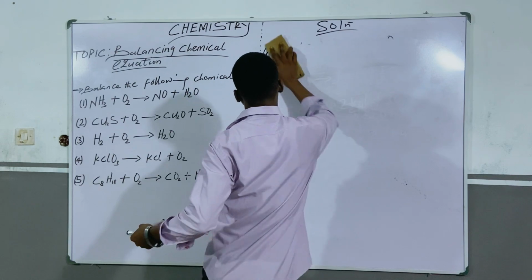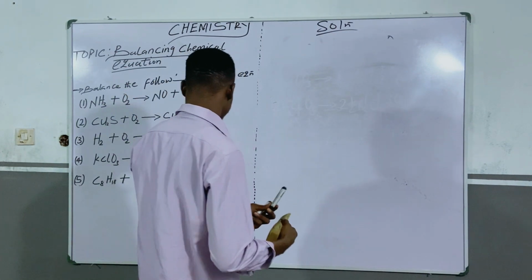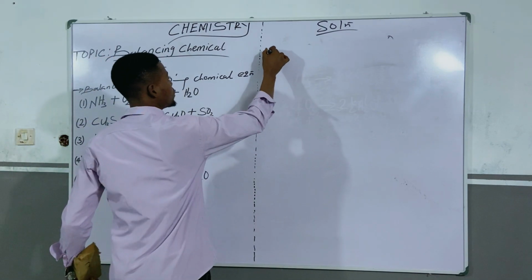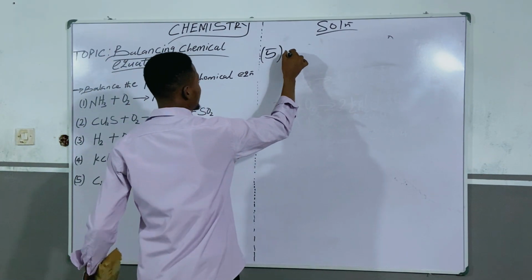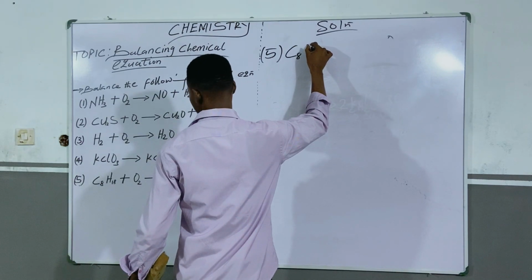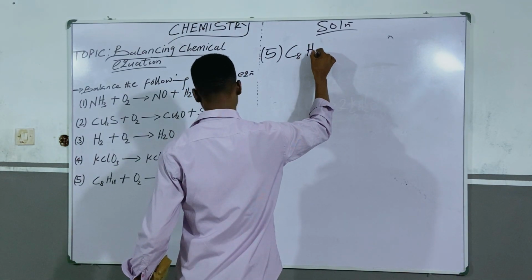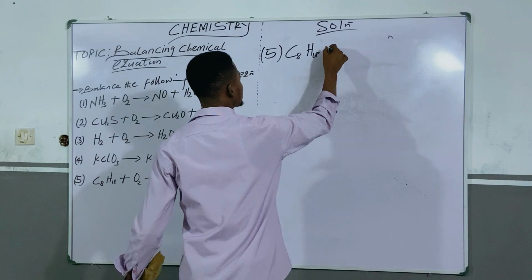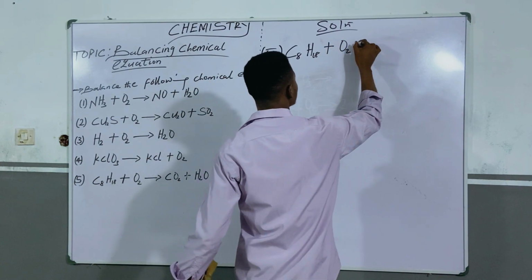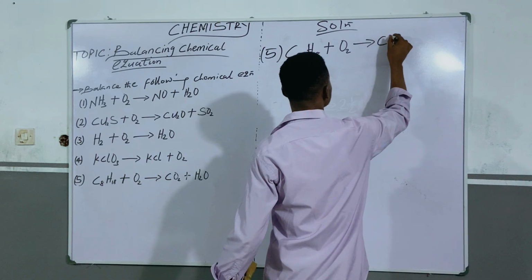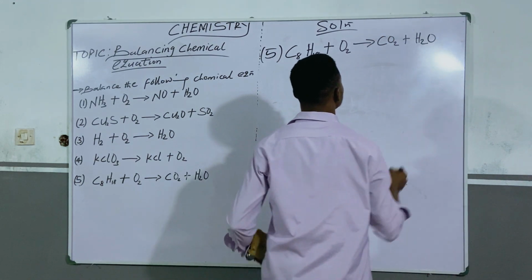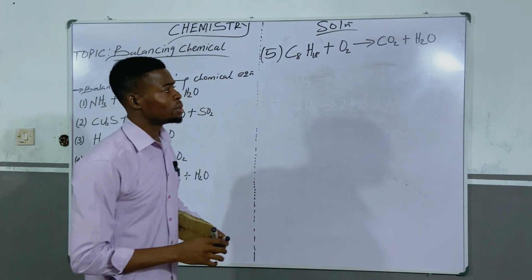Then the last equation, here we have number 5, we have C8H18 plus what? O2 to give us CO2 plus H2O. Okay, the same thing goes.